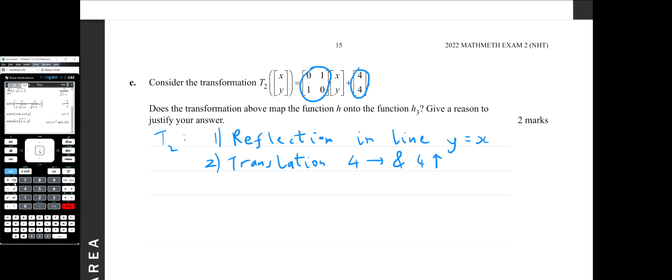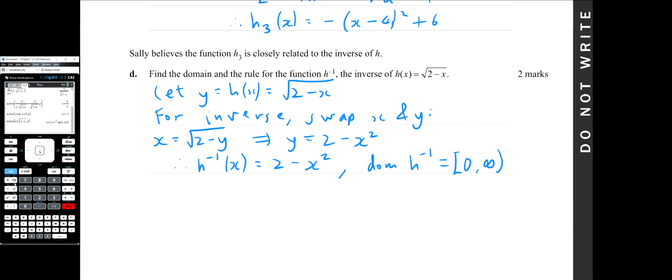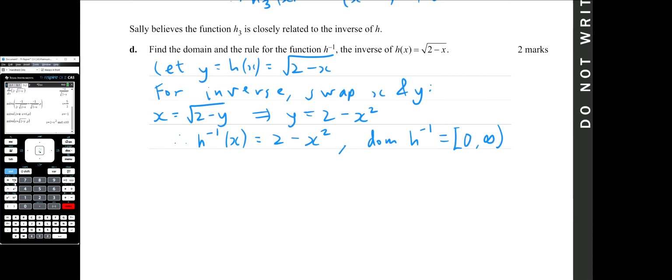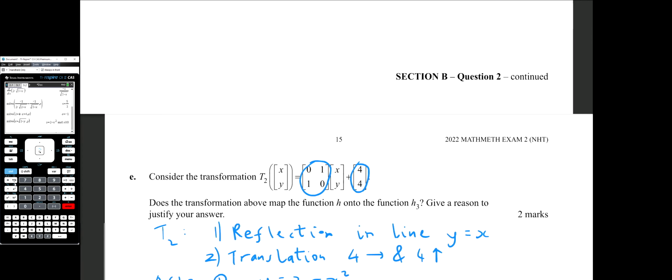When you reflect in the line y equals x, after step 1, reflecting in the line y equals x gives us y equals 2 minus x squared, which is what we saw in the previous part. In the previous part, we saw the inverse of h of x is basically reflecting in the line y equals x. We get y equals 2 minus x squared.